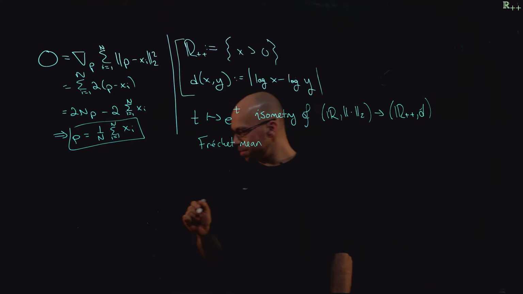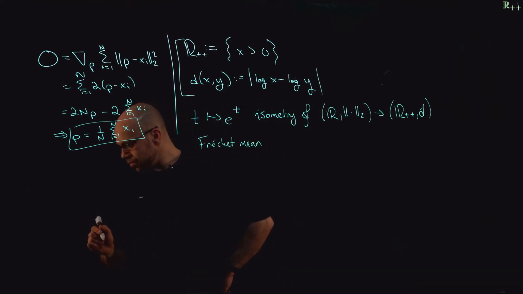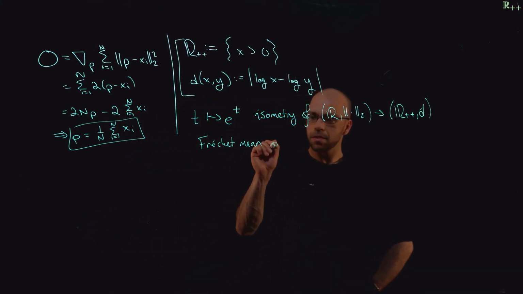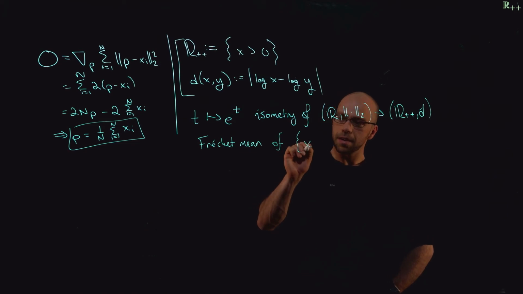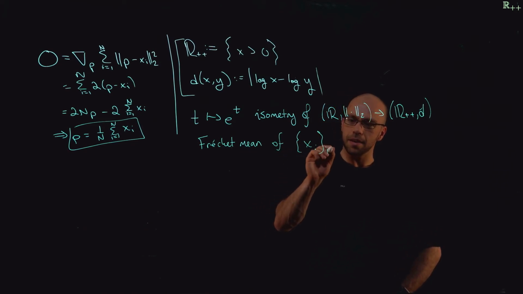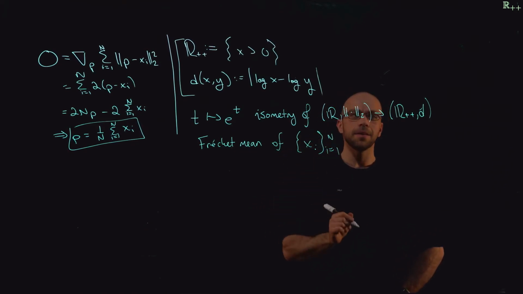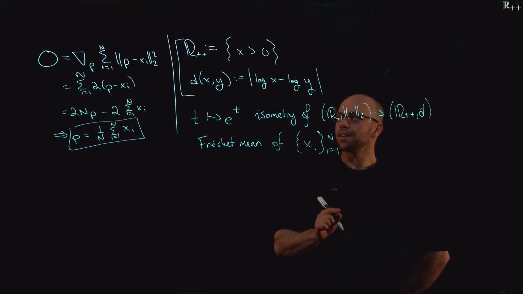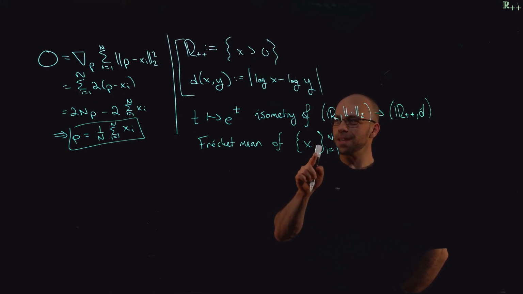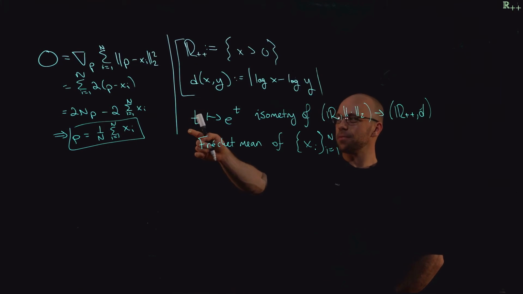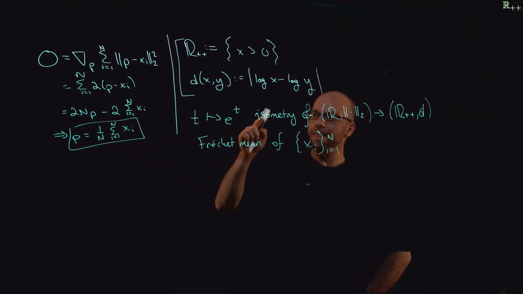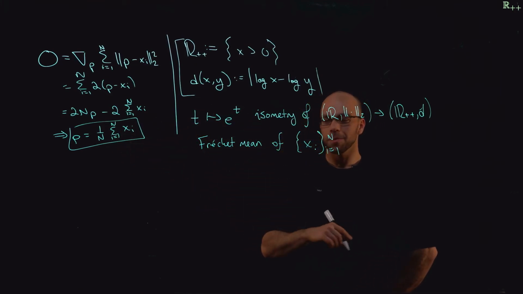Okay, if I want to compute the Frechet mean of a set x_i, i equals 1 to n, one thing I can do is compute the Frechet mean in the pre-image space, which we just showed is the average, and then map it back because they're preserved under isometry.